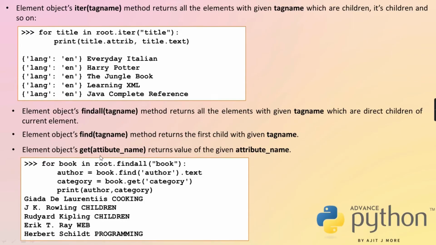So all the immediate children of root with the tag name book are returned, and then we are accessing each one's first child with the tag name author.